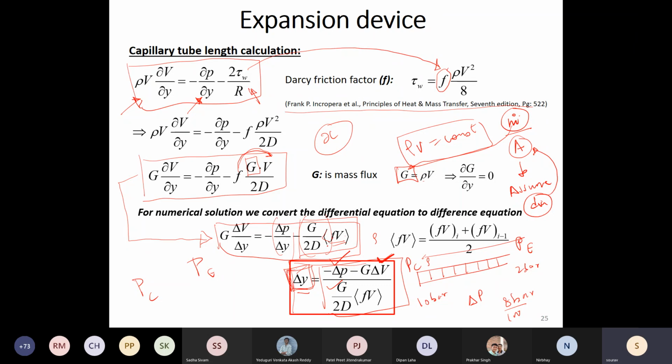So the entire problem now just boils down to obtaining the quality at every node. Now, how to determine that? You have another expression, that is the energy equation. So make use of that.